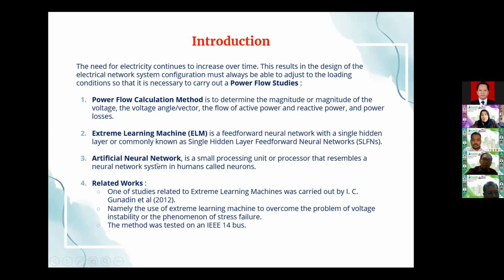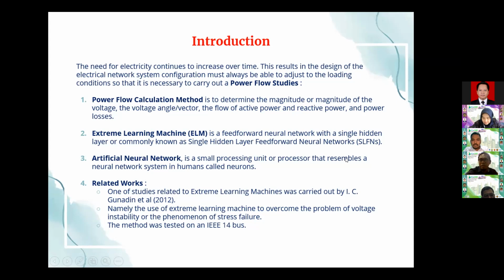The second is learning about ELM and ANN, which we compare. The extreme learning machine is a neural network with a single hidden layer.